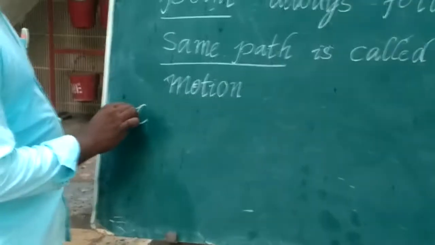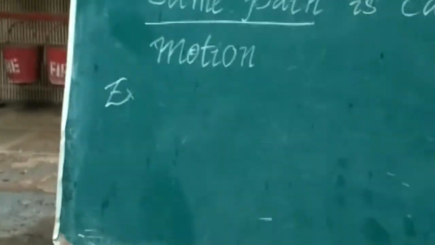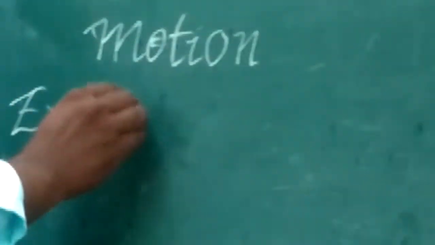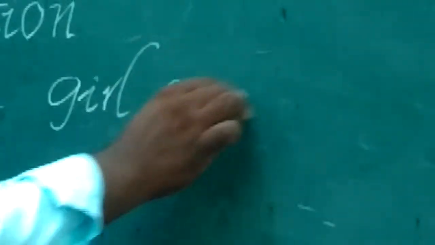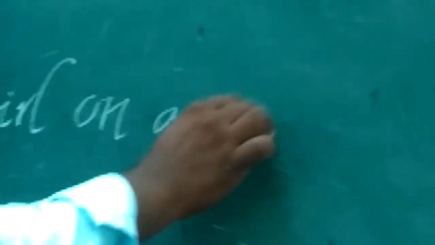Other examples of oscillatory motion: a girl on a swing.